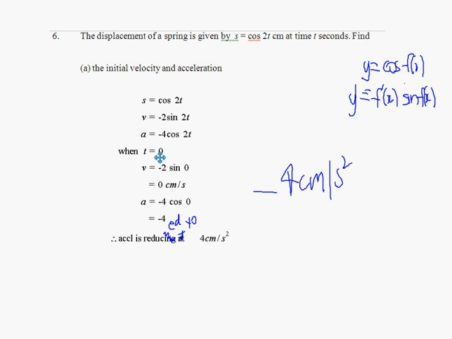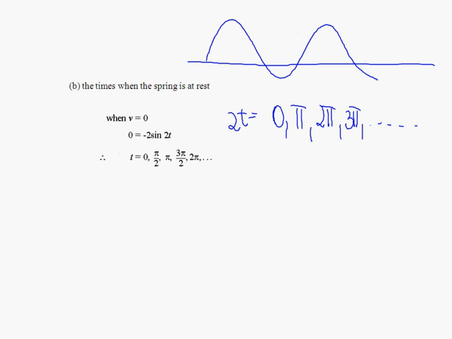When t is equal to 0, our velocity is 0, but our acceleration is minus 4. So the acceleration is reducing the velocity, I suppose, at minus 4 centimeters per second. That's retarding the movement of the ball.